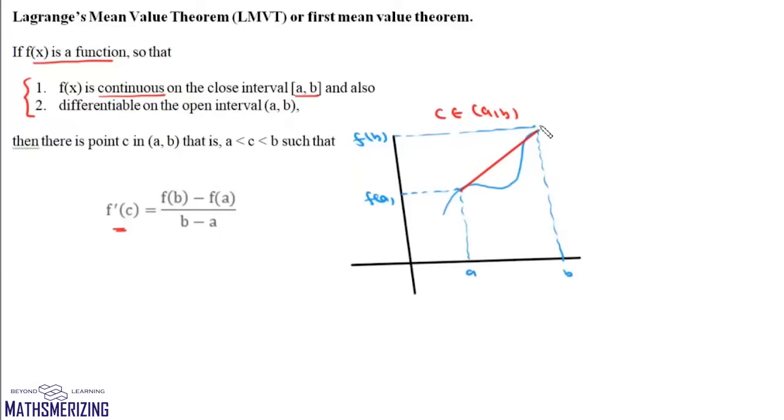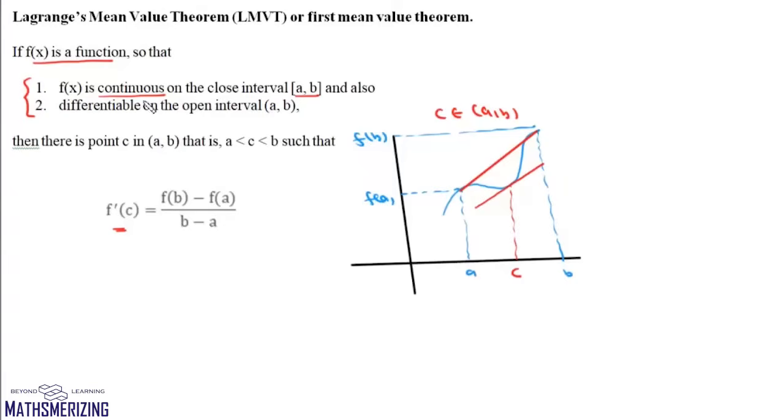So it is the average slope. Now Lagrange's mean value theorem says there exists a point c in between a and b at which the instantaneous tangent slope is equal to this average slope. So we have this c in between a and b such that f'(c) is equal to (f(b) minus f(a)) upon (b minus a).